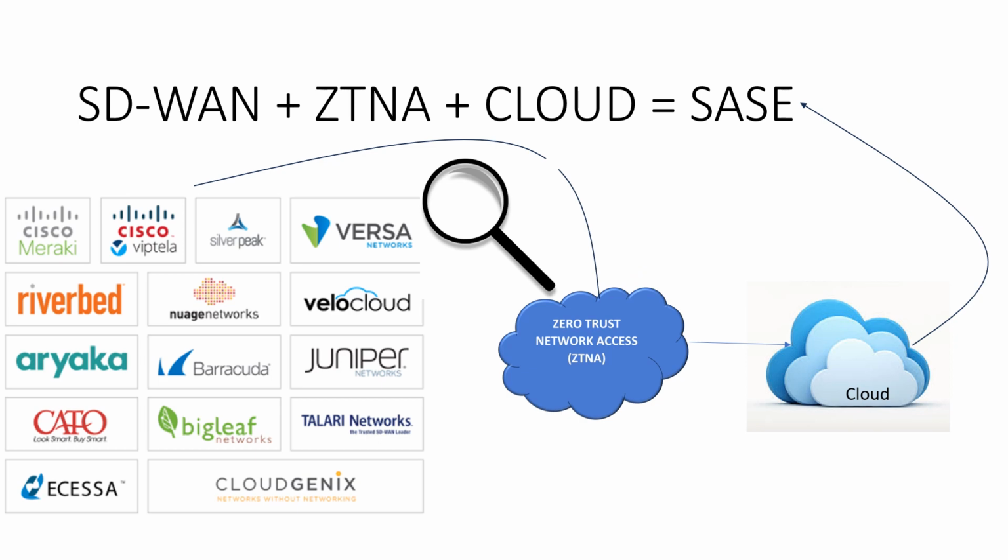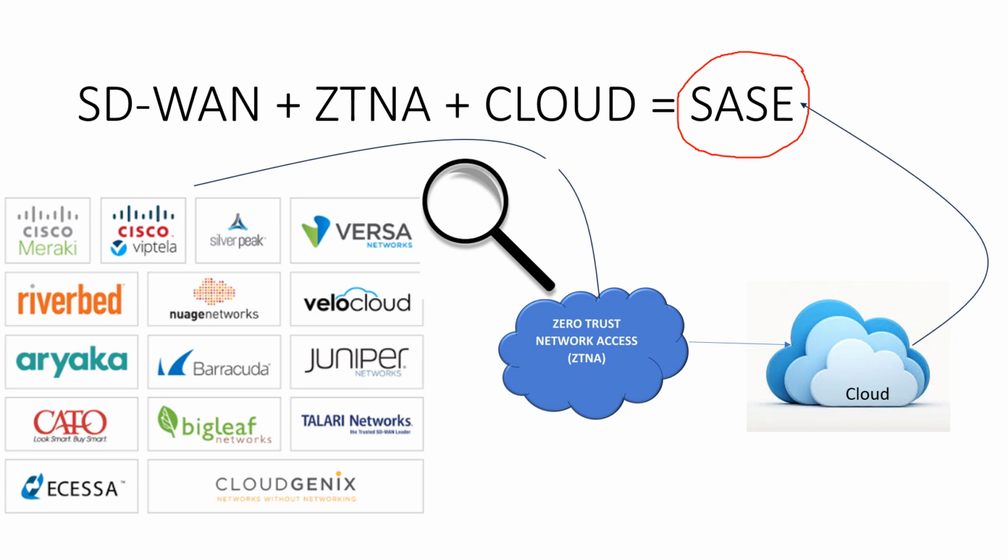And the final one, I will not call it a component, but it is a comprehensive security and networking architecture that basically combines SD-WAN capabilities with security functions such as ZTNA, firewall as a service, secure web gateway, cloud access security broker, and more. And that makes the whole SASE product.